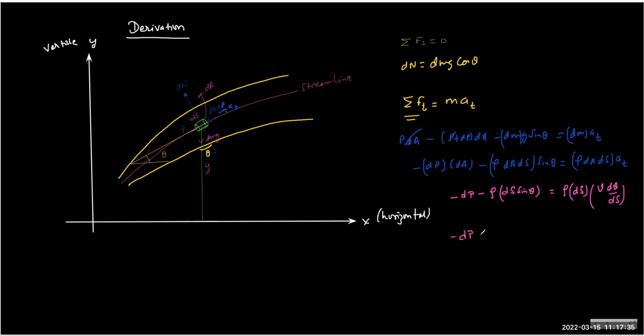So minus dP minus rho g ds sin theta, we can write ds sin theta as dy, if you remember. We have done this many times. If this is theta, this is ds, and dy is ds sin theta, right? So you may write like this.